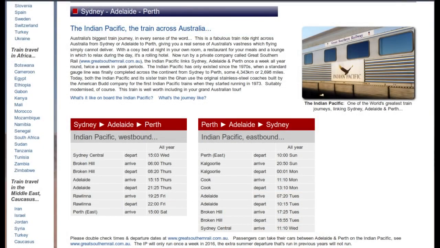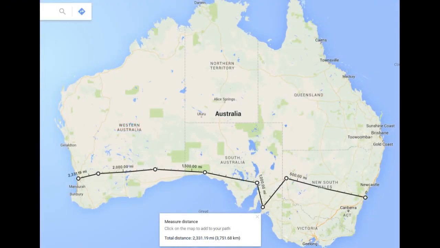Now, we're going to be looking at the Sydney to Perth route, which has the fewest amount of stops. It could go vice versa, but either one. It goes from Sydney to Adelaide to Perth. Now, I did a quick mapping on Google. I know, but just to see.